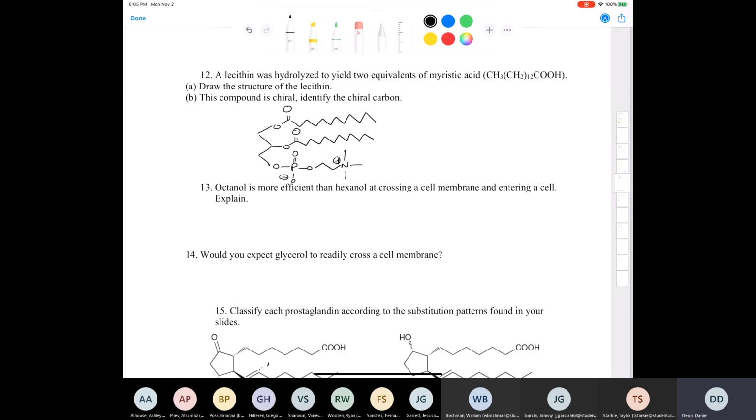Could anybody describe to me what a chiral carbon is? Let me just ask you if you could describe that to me over Teams. There is one chiral carbon in this molecule.